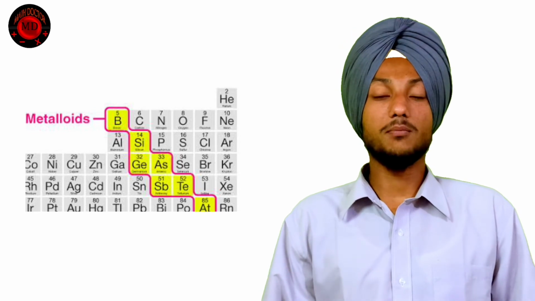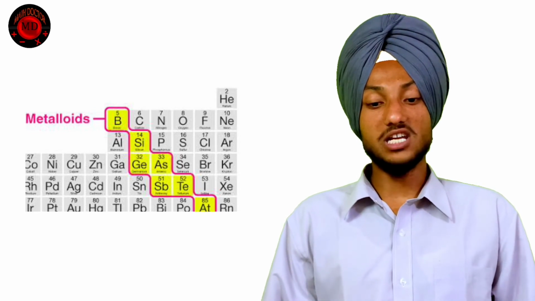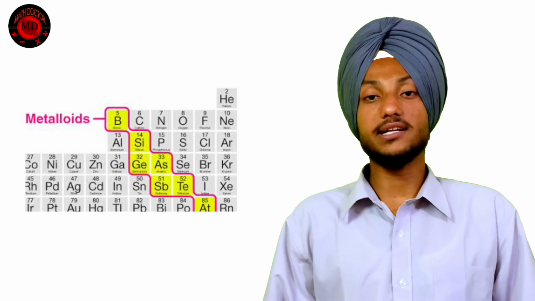These metalloids are boron, silicon, germanium, arsenic, antimony, tellurium, and polonium. The properties of metalloids are intermediate between those of metals and non-metals. The metals lie on the left-hand side of the metalloids, whereas the non-metals are on their right side. The noble gases, which are also non-metals, are placed on the extreme right side of the periodic table.